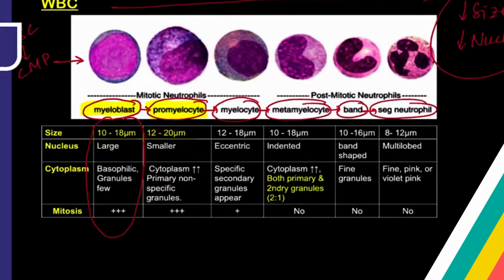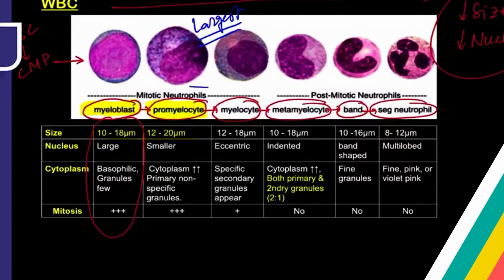Means if I ask you, during WBC development, the largest size cell is which one? Then this is the second one, not the first one. This is an exception to the rule. It is not the first cell which is the largest and then size decreases gradually. It is the promyelocyte which is the largest cell in this WBC development.